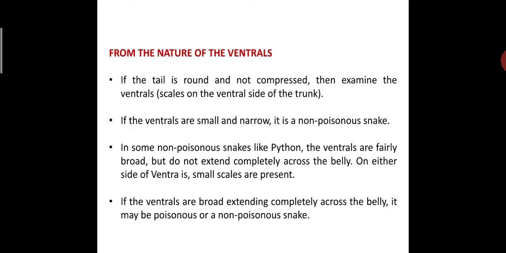So if the ventrals are small and narrow, it is non-poisonous. If the ventrals are broad, extending completely across the belly, it may be poisonous or non-poisonous. So by that it can also be identified: if the ventrals are small and narrow, then we can say it is non-poisonous.